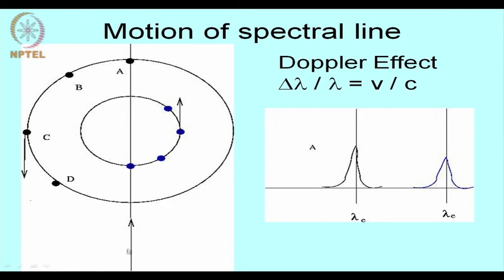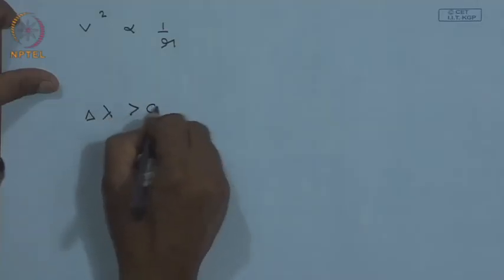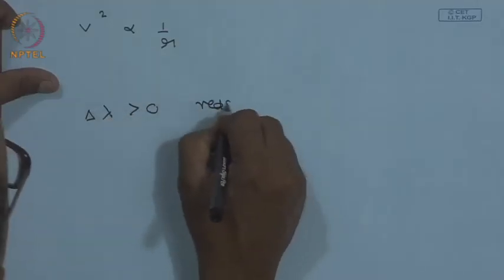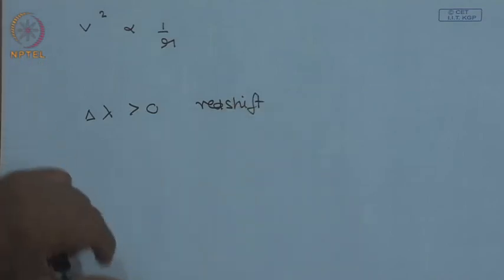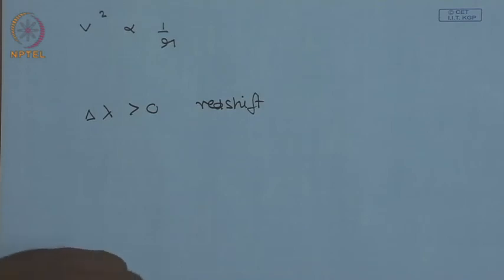So, it is only the component in this direction, and if the source is moving away from the observer, then the velocity is positive and there is a positive shift, the wavelength increases. This is called a redshift. So, delta lambda greater than 0 is called a redshift. This happens if the source is moving away from the observer.